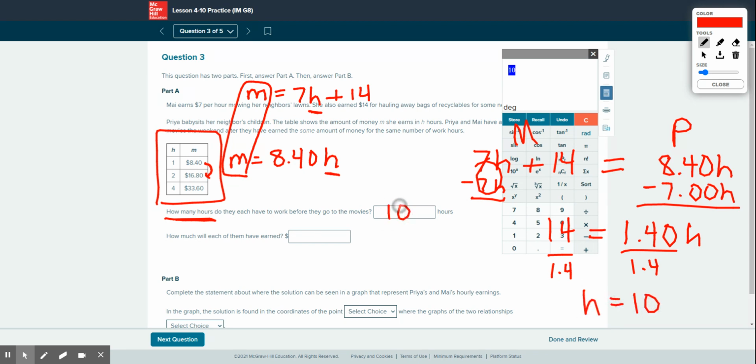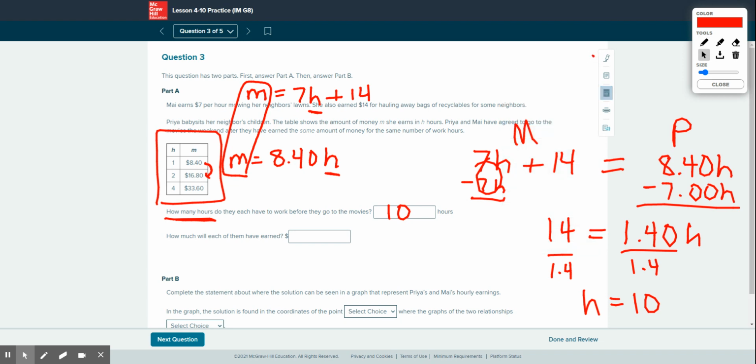And after 10 hours, when they have the exact same amount of money together, here's our next step. Our most important step is to plug that 10 back into our expressions right up here and right here. And when we find that, we're going to know how much money they had. So after 10 hours with Priya, that one's pretty simple to me because I know $8.40 for 10 hours gives her $84.